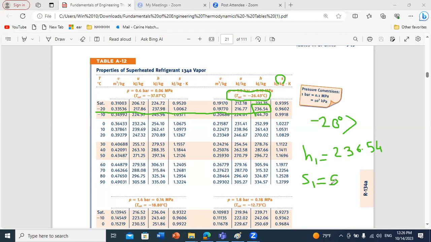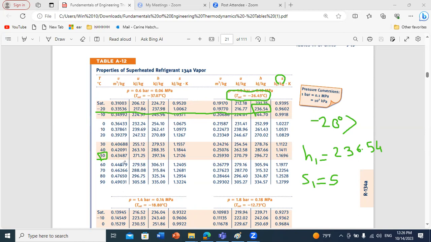So check for what you have. In case they gave you the temperature at the outlet of the compressor, then you use it. You use the temperature given, since you know the pressure. Let's say the outlet pressure is given as 800 kilopascal. If they tell you the temperature at the outlet is 50 degrees, you can directly determine it from the table, but not for this table, of course, because the pressure is higher.